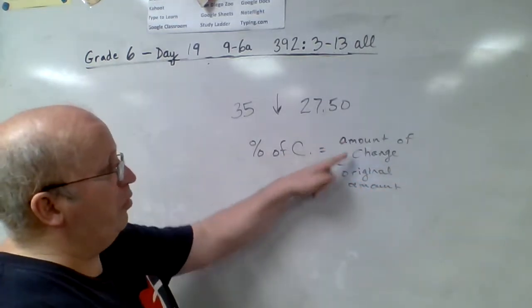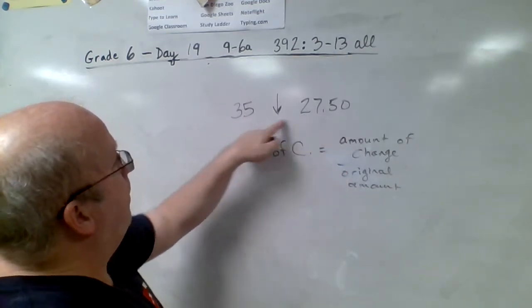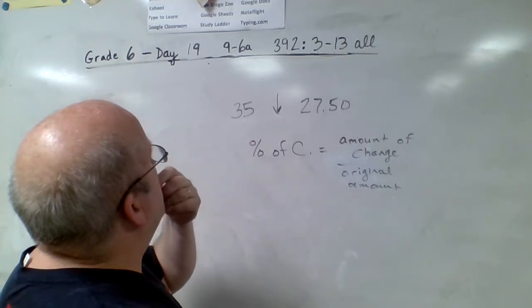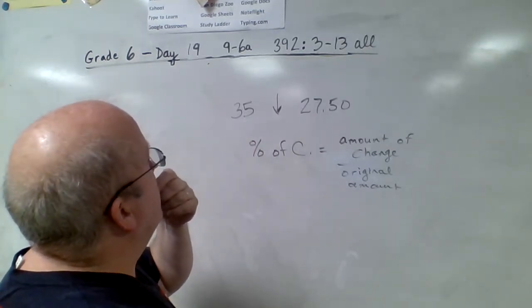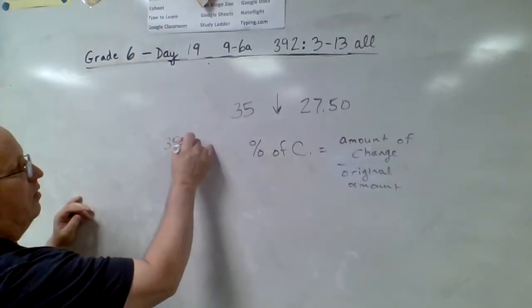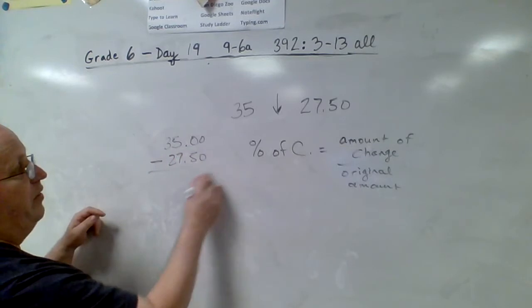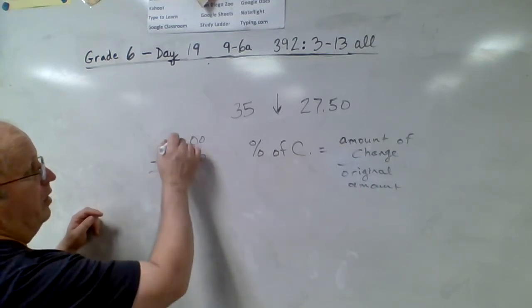Percent of change equals amount of change over the original amount. Well, how much did this drop? Well, I'm going to have to take $35 minus $27.50 to find the amount of change, right?